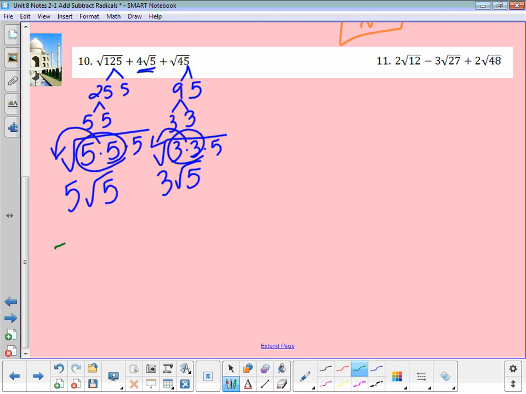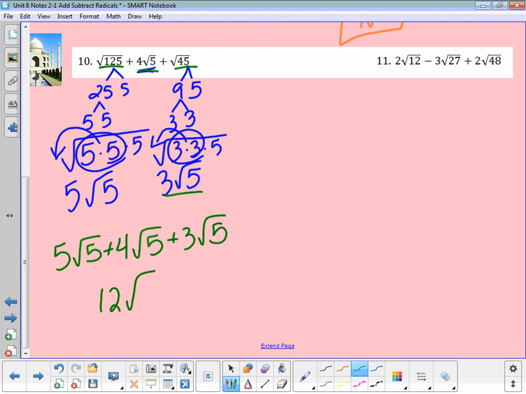So I have this radical from here, then 4 square root of 5 stayed the same, and lastly I have this radical from here. And now I notice that they're all square roots of 5. So I can go ahead and add up each of those. So I have 5 plus 4 plus 3, and that gives me 12 radical 5. So I'm going to have you guys do number 11, but let's start by simplifying it together.